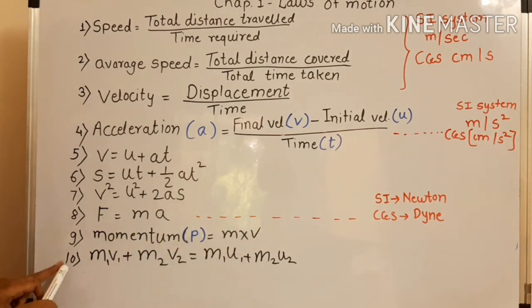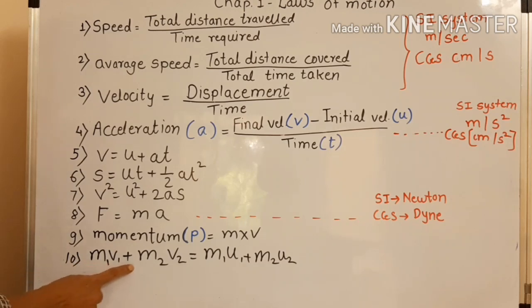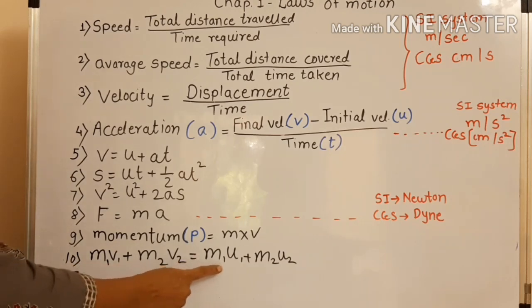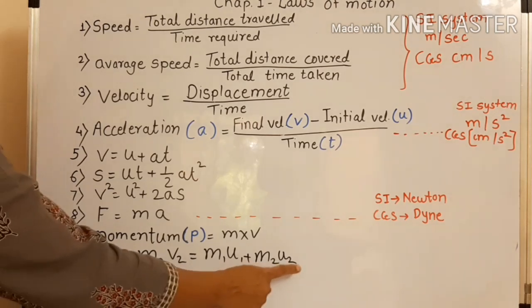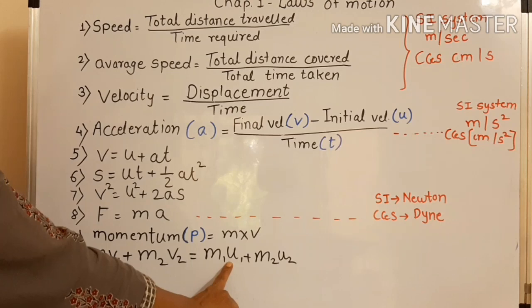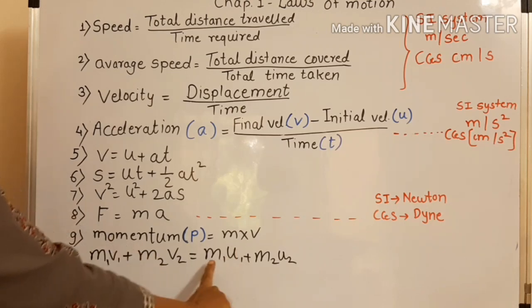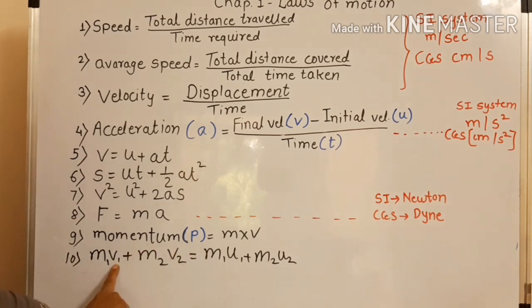And last, the 10th formula, is related to the law of conservation of momentum: m1v1 + m2v2 = m1u1 + m2u2, where m1 and m2 are masses of two objects, u1 is the initial velocity and v1 is the final velocity of the object having mass m1.